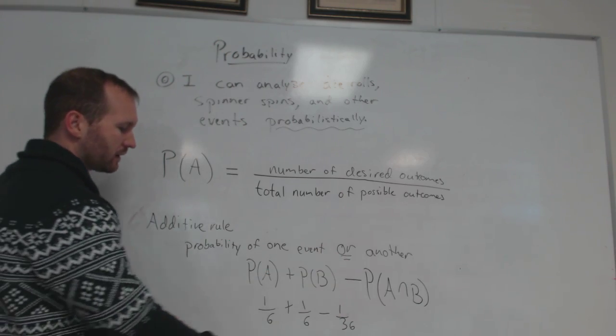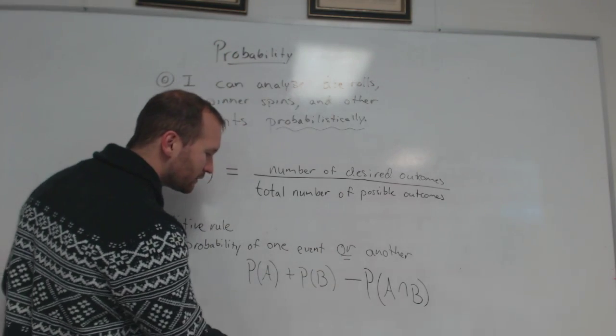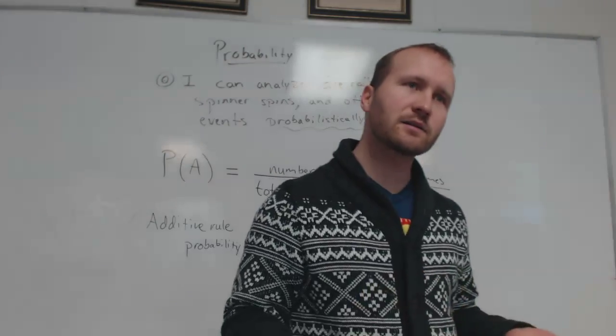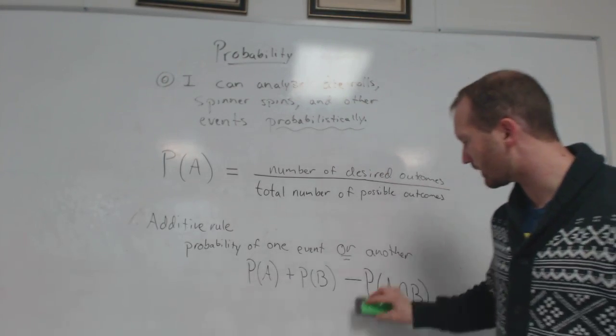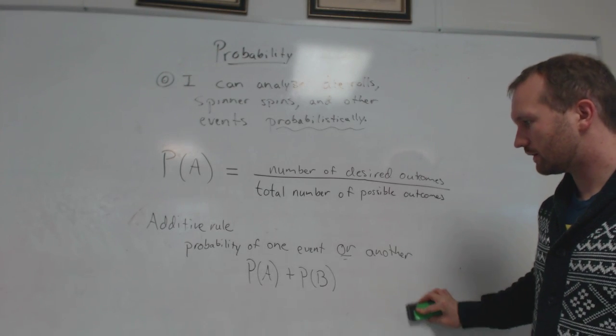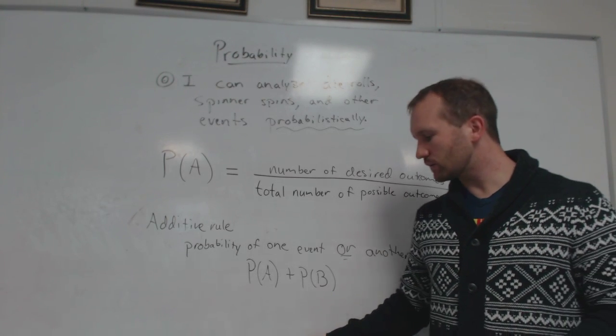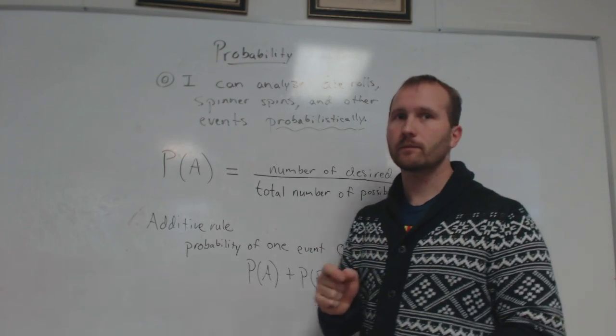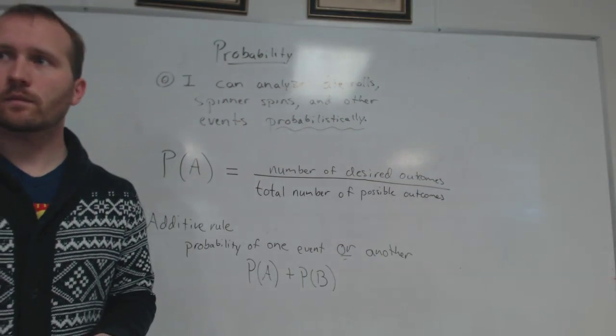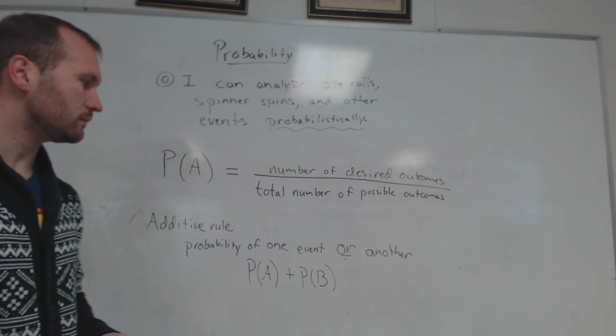And sometimes in math, you'll hear people talk about inclusive OR versus exclusive OR. An inclusive OR means it could happen both times, in which case we get rid of this. An exclusive OR means it has to only happen one time. But so what we did on the homework though, would it be right? Yeah. We would still get one. Yeah.